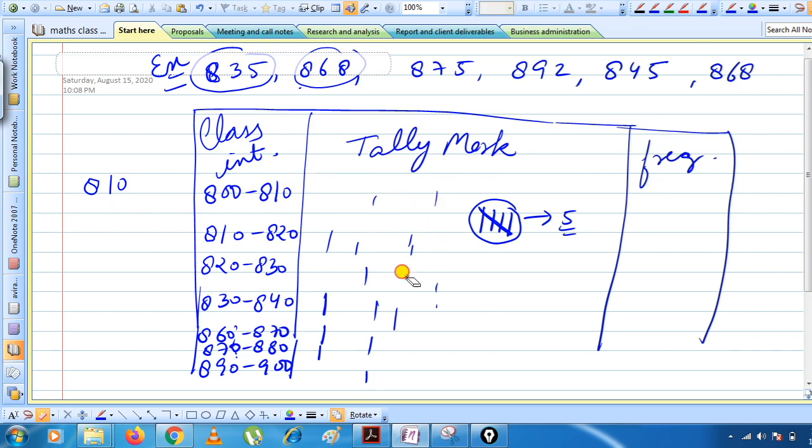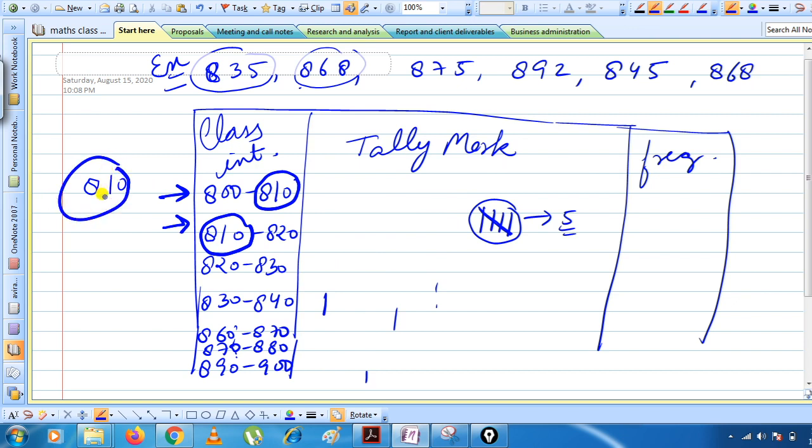You can see here, wait a minute, you can see here 810 is coming over here in this class interval, but 810 you can also see in this class interval. So which class interval will you be taking?